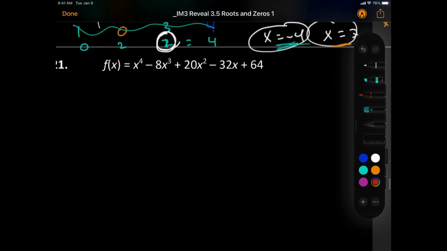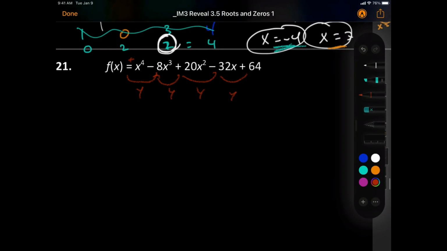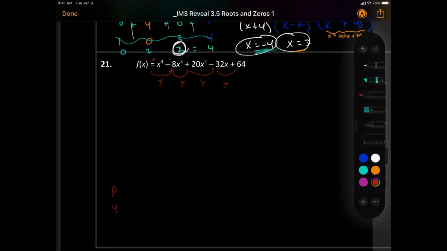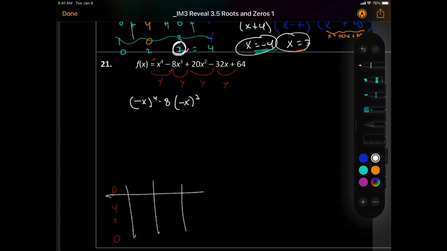Okay, last one, let's count our changes. Yes, yes, yes, yes. So positives, you have 4. Let's go ahead and put in negative x. It's positive.